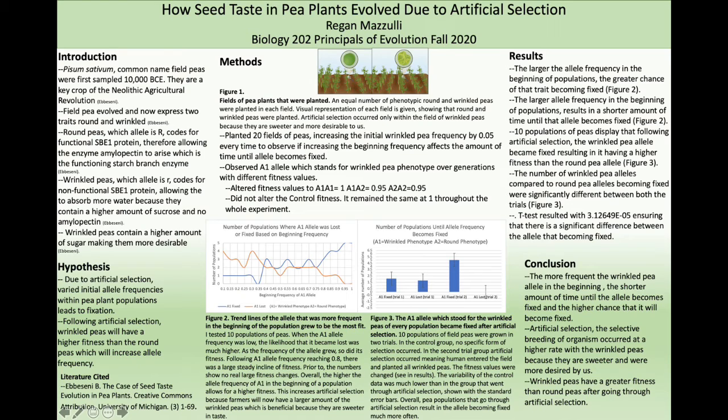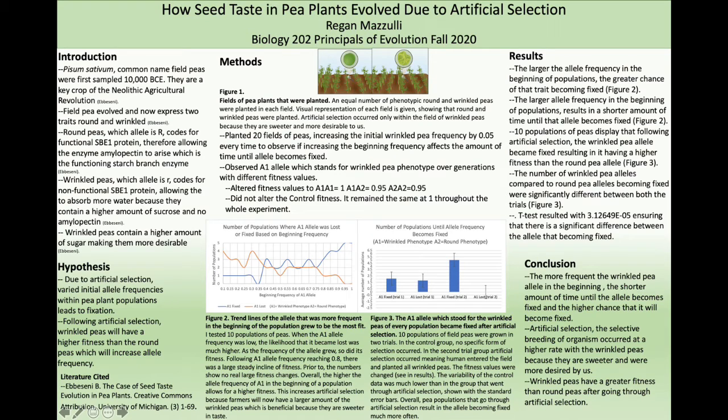So by the end, or by 0.75, you can really see a big jump of the wrinkled pea allele becoming fixed way more often than it was becoming lost. And overall, the higher the allele frequency of A1 in the beginning of a population allows for a higher fitness in a shorter time before that allele becomes fixed.